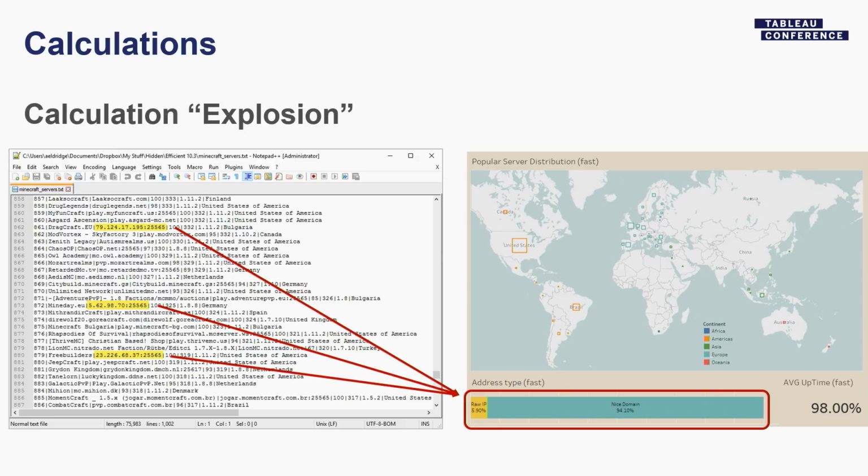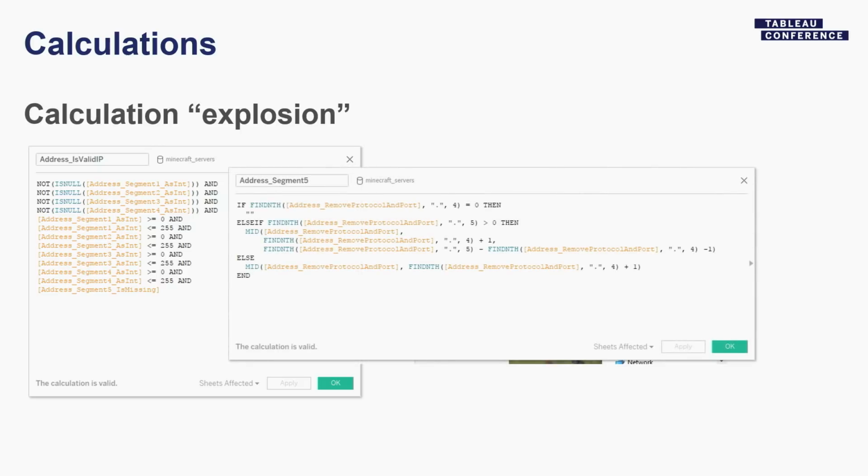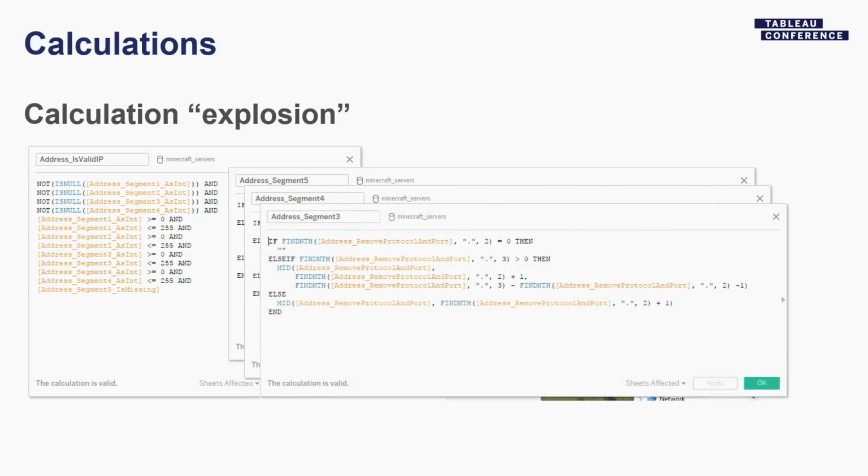In order to calculate an IP address, we've got to parse the text in that expression. So you might start with a calculated field that is address is valid IP, and it's valid if it's got 4 segments and a port number optionally. Then we call a calculated field called address remove protocol and port. And that's called 5 or 6 or 7 times in this expression for segment 5, and then for segment 4, and then for segment 3.